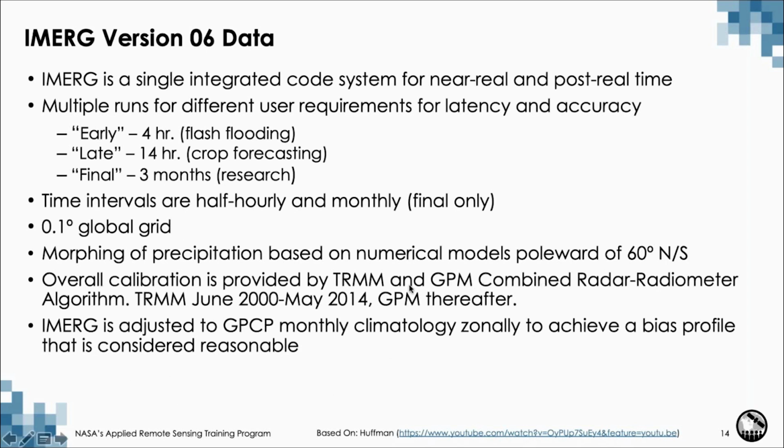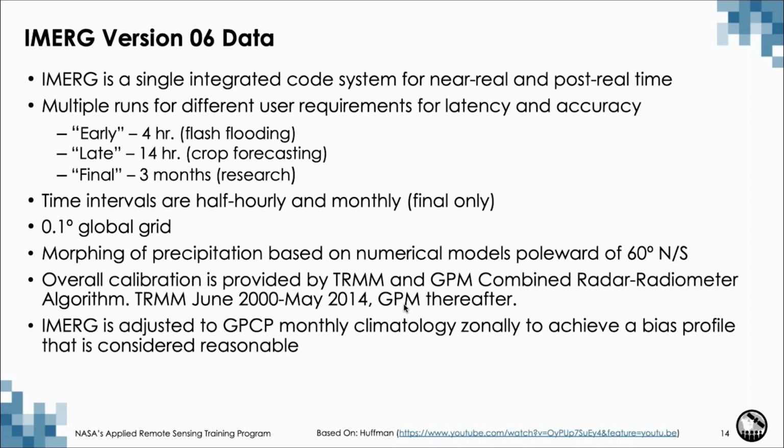And as mentioned earlier, the TRMM GPM combined algorithm is used as the calibrator. TRMM was actually launched in 97, but the data here covers June 2000 to May 2014 from TRMM, and GPM after that. So now this is one long combined record. Earlier we used to have two records, one from TRMM, which was 98 onwards, and then GPM, which was 2014 onwards. Now they're all calibrated, so that we have one long time series.